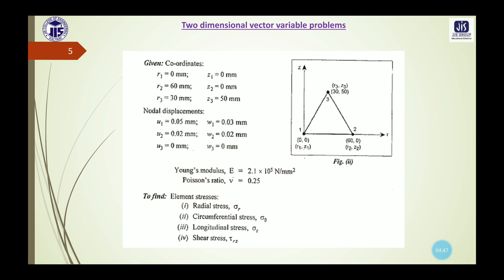Now we need to find the element stresses. That means we need to find the radial stress sigma r, the circumferential stress sigma theta, the longitudinal stress sigma z, and the shear stress tau rz.